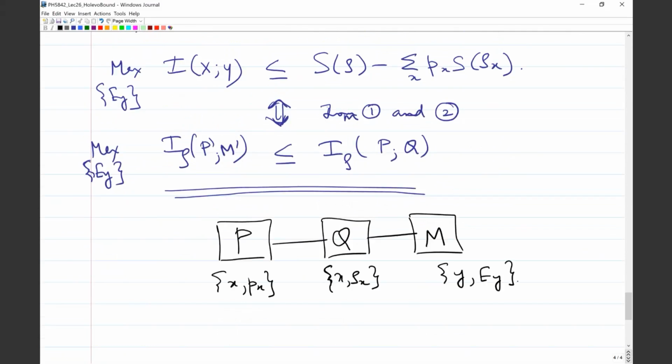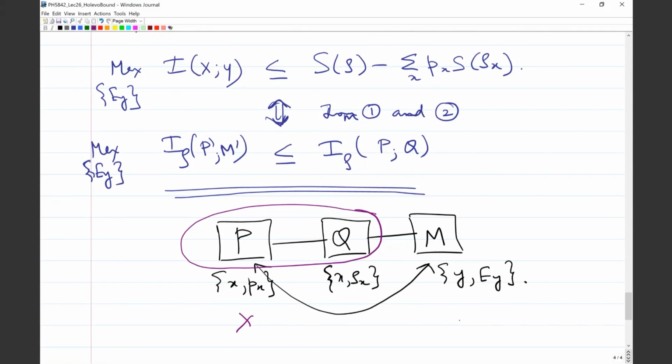So it's saying that you cannot have any more correlation between P and M than what you initially had between P and Q. This is an upper bound for how much quantum mutual information you can have between P and M. And that quantum mutual information between P and M is exactly the classical mutual information between X and Y. That's what we have shown so far, right?